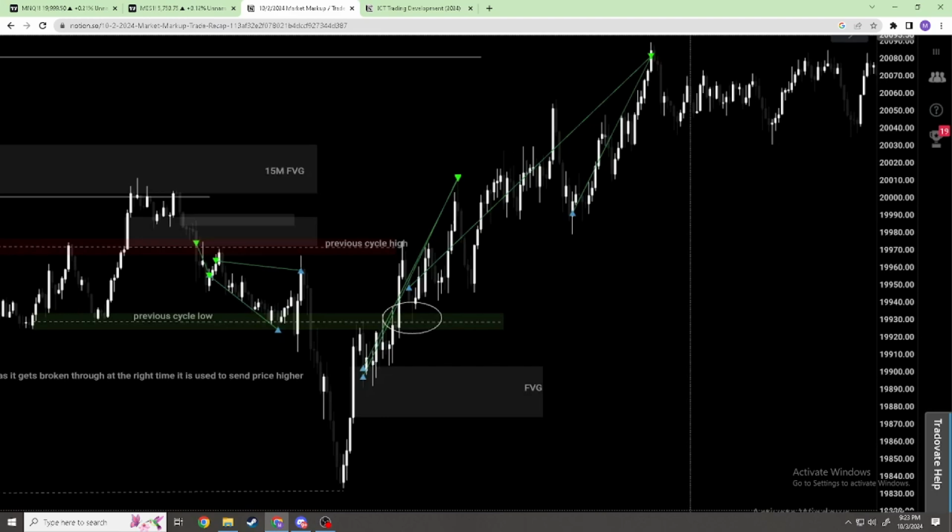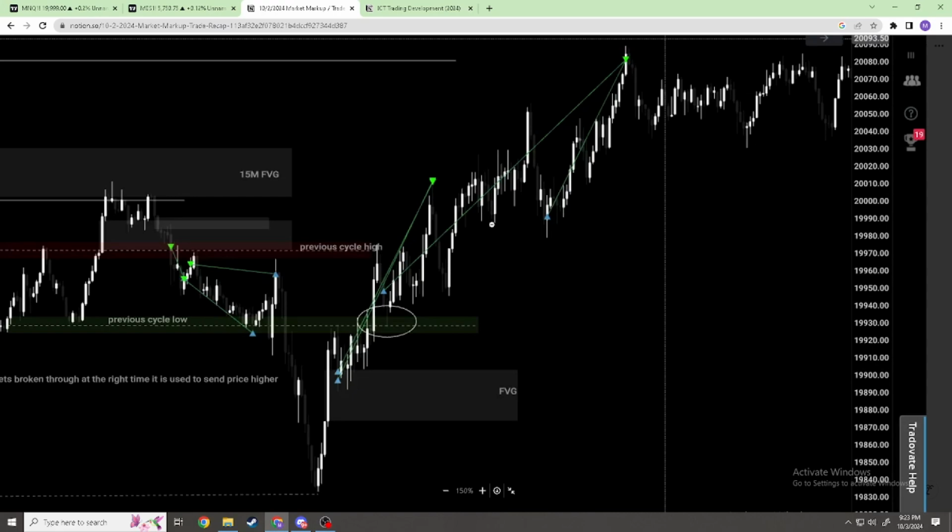It goes up, comes down, goes up, comes down. It stabs into this optimal trade entry if you're looking at a small time frame, which is 62.5 to 72.5% into this fair value gap and delivers higher. So I re-enter while taking out these sell stops.